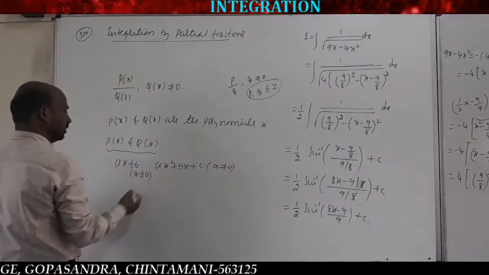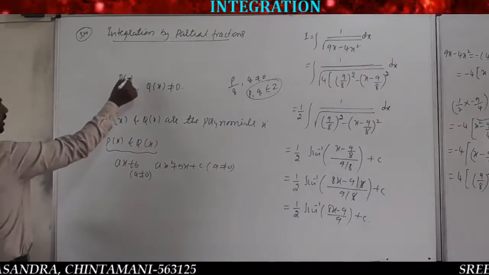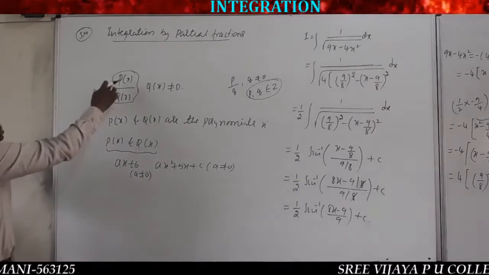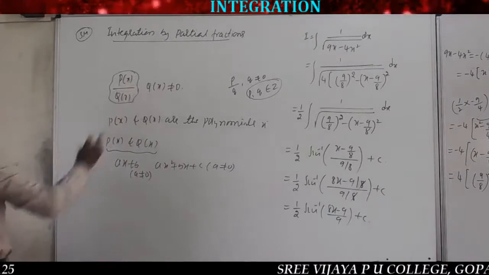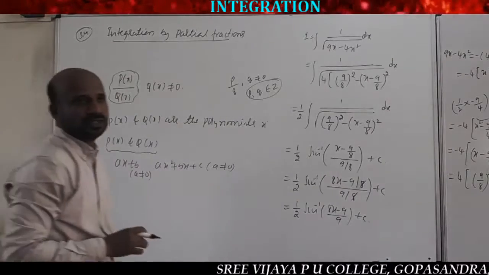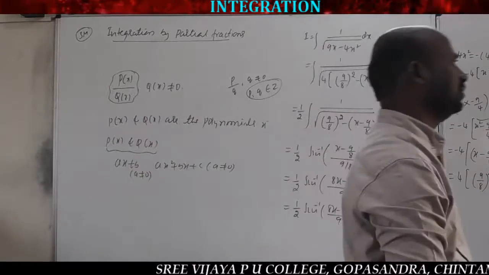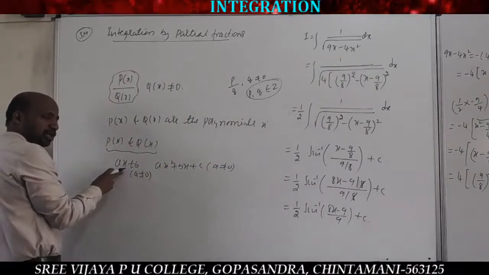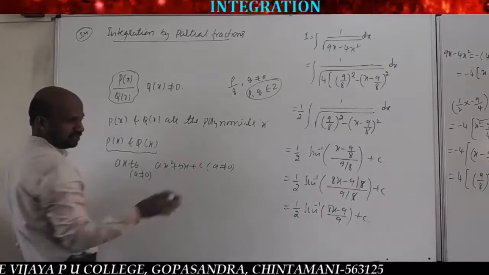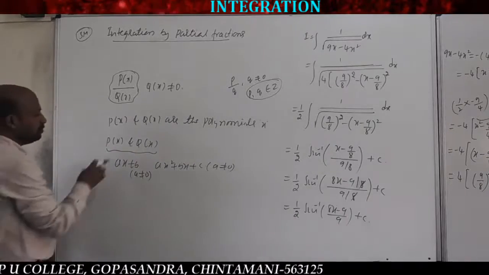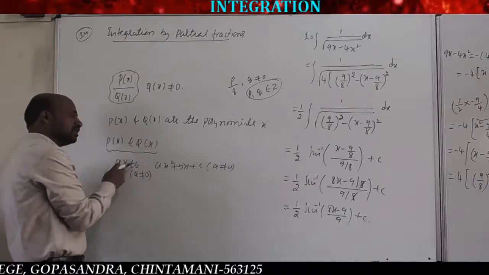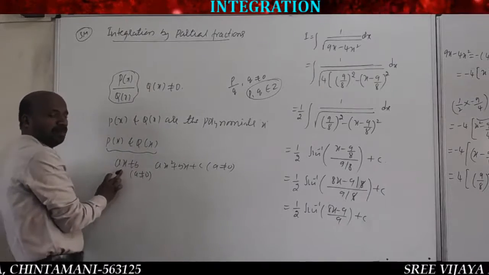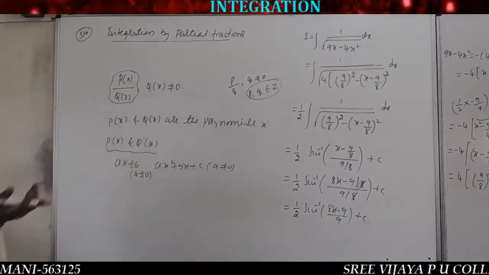So p of x by q of x is the ratio of two polynomials in x. Both p of x and q of x may be linear polynomials, or both may be quadratic polynomials. Maybe p of x is linear and q of x is quadratic, or sometimes q of x is linear and p of x may be quadratic in x.